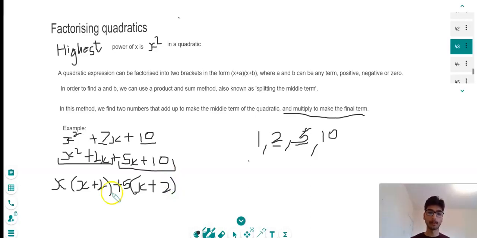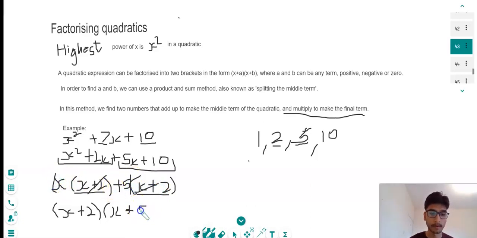And we can confirm this works because these two are the same, and they always have to be the same when you're factorizing. So what we're left with now is x plus 2 and x plus 5. We took x plus 2 as the common bracket, and then once we're done with those, what's left is x plus 5 here.